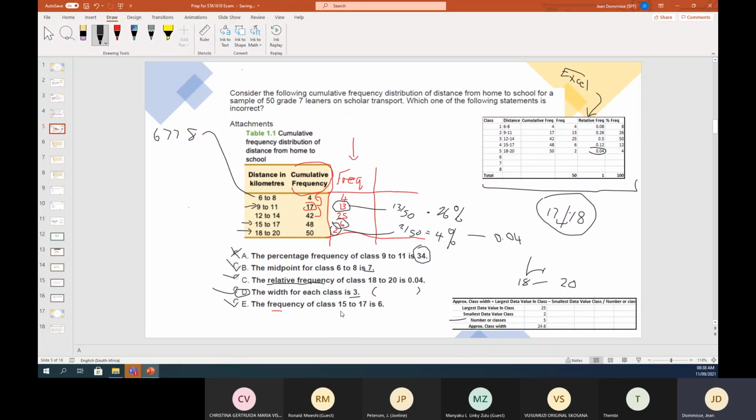So that is why the class is 3, because you actually start at 6. So 6 is an option. So that is why 6, 7, and 8. Okay, if it was only 7 and 8, then the class width would have been 2.